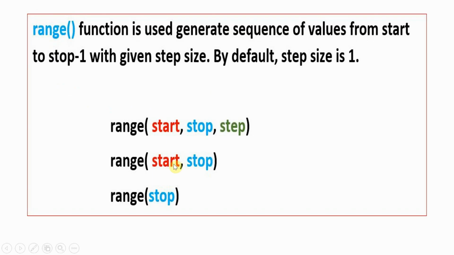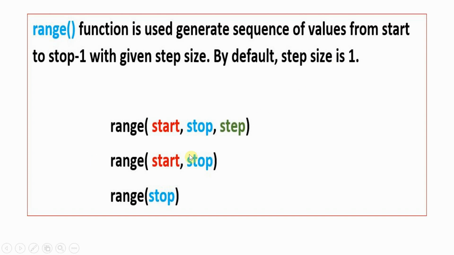Now second way, range start comma stop. Here we are not specifying the step. This is the second version. So let us see how to write. Already in the definition I clearly told that if you do not specify the step, by default the step size is 1.